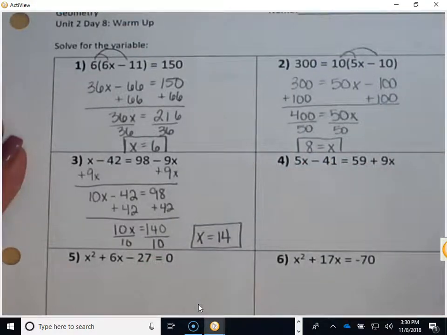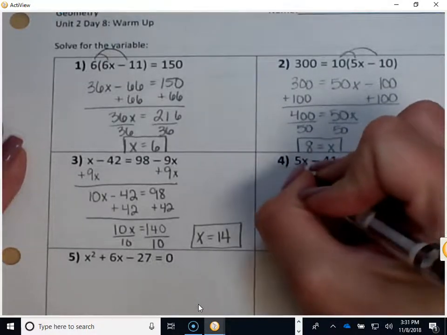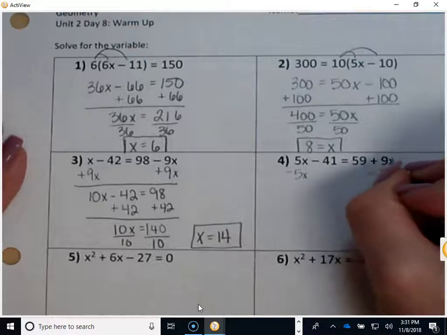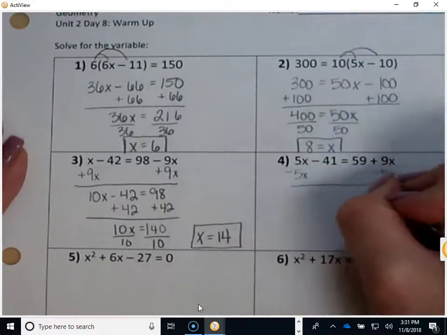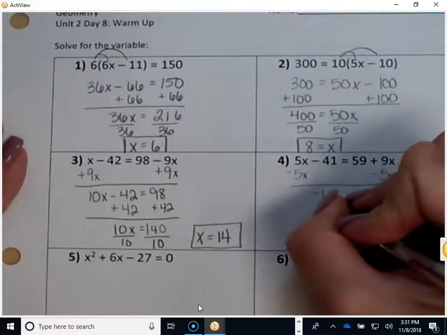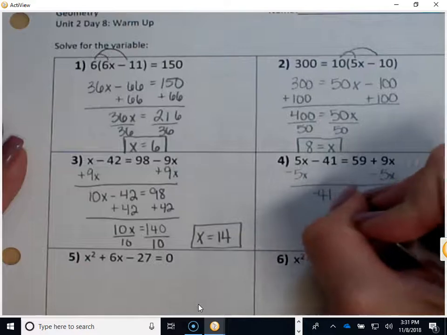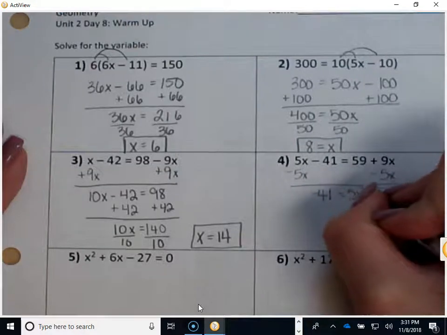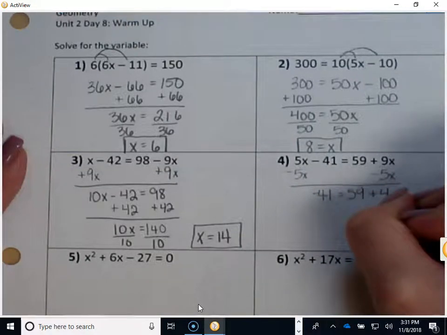For number 4, again, we have variables on both sides, so I need to get all my x's on one side. I'm going to subtract 5x from both sides, but if you subtracted 9x from both sides, you will get the same answer as well. So we get negative 41 equals 59 plus 4x.